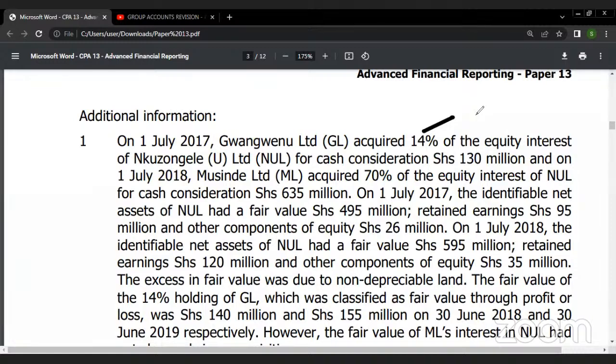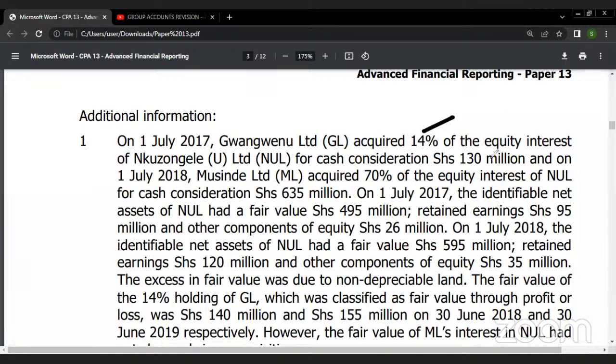So this is likely to be an investment in a financial instrument, which we can refer to as a financial asset. No significant influence, no control. So we can look at this 14% shareholding as an investment in a financial asset.